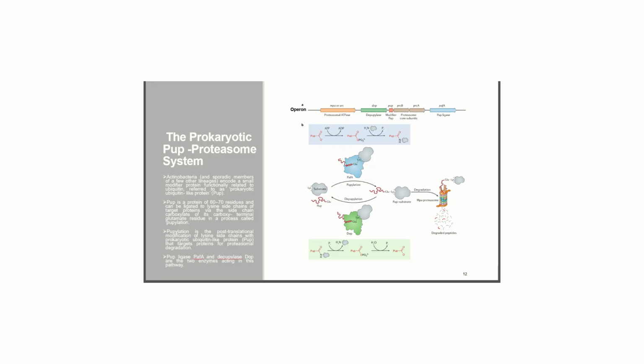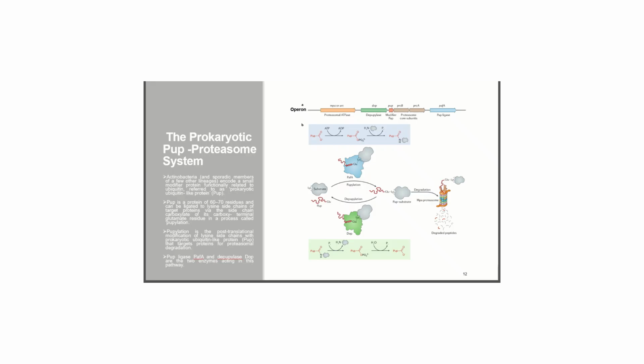And as I mentioned before, ubiquitin is a small peptide that attaches itself to proteins, and it tags proteins for degradation. So in prokaryotes, there's a similar system, but this type of protein is called prokaryotic ubiquitin-like protein, abbreviated as PUP.